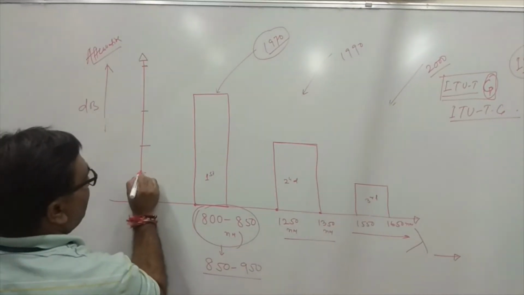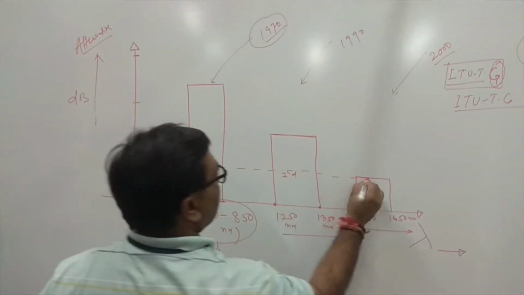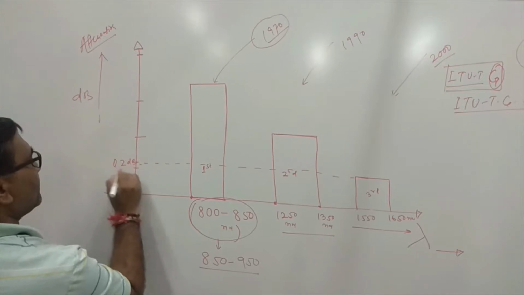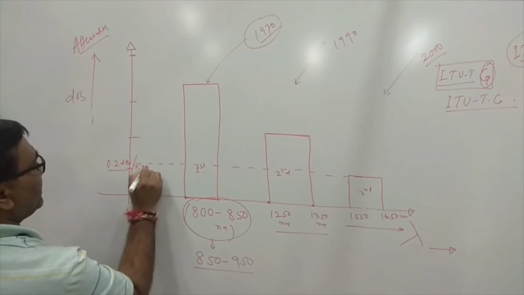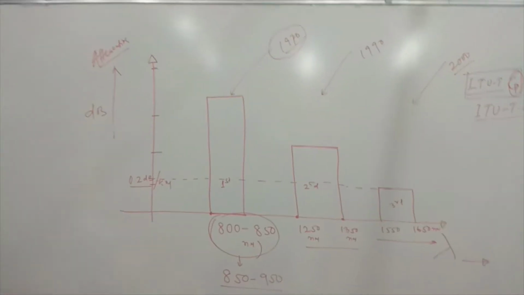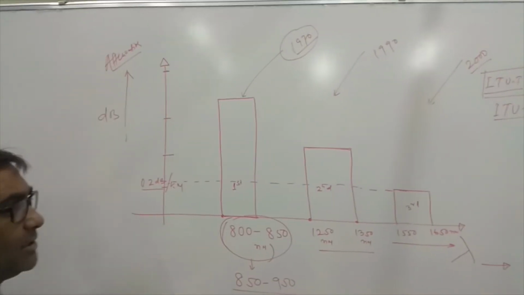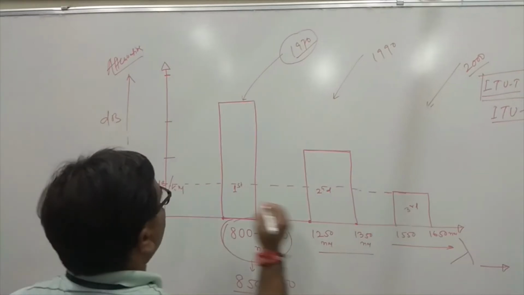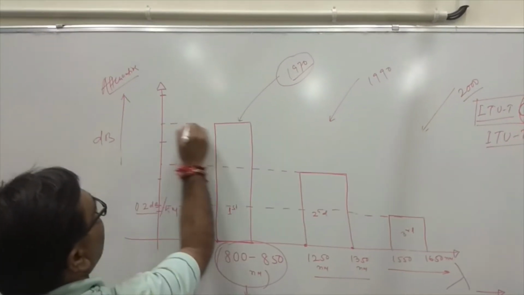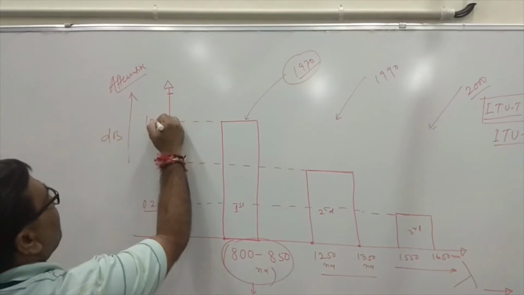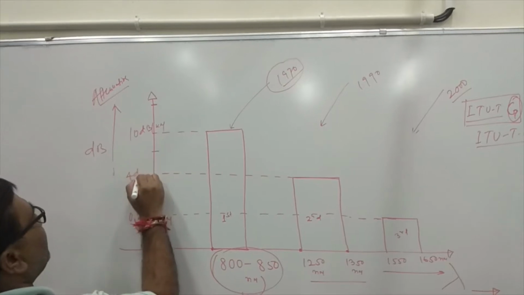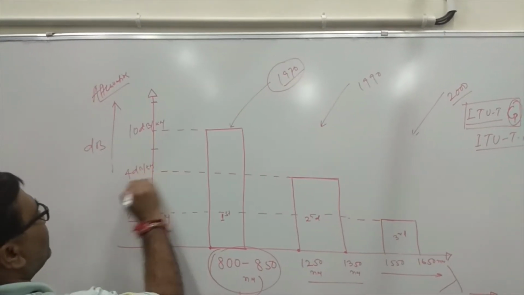So near about this is 0.2 dB per kilometer. This attenuation is calculated on the basis of dB per kilometer, right? So second one here, and third one is, so this one is near about 10 dB per kilometer. This one is 4 dB per kilometer, right?